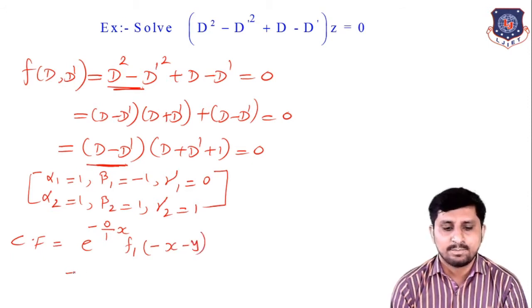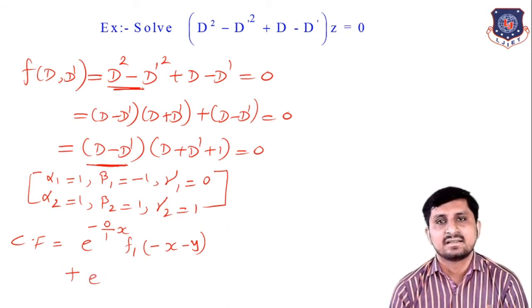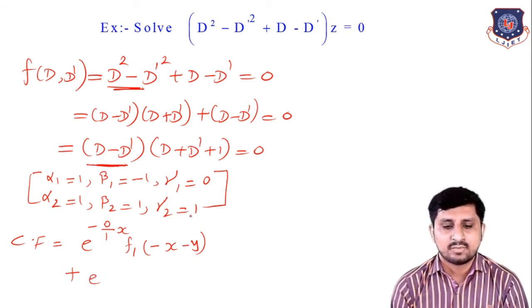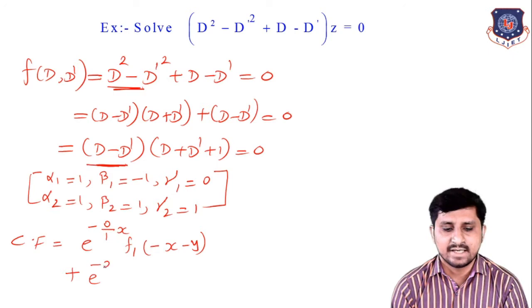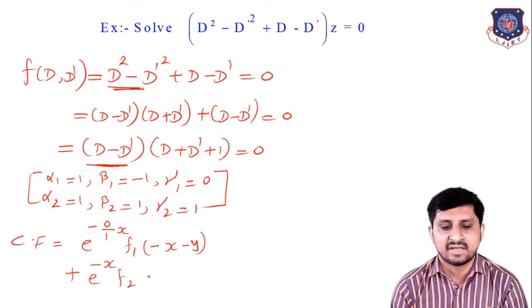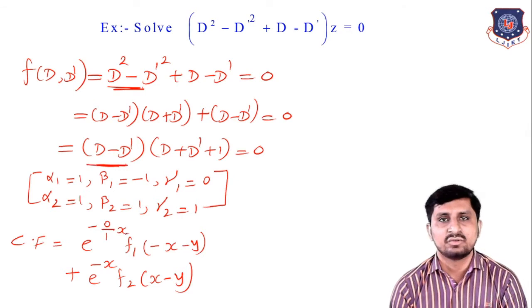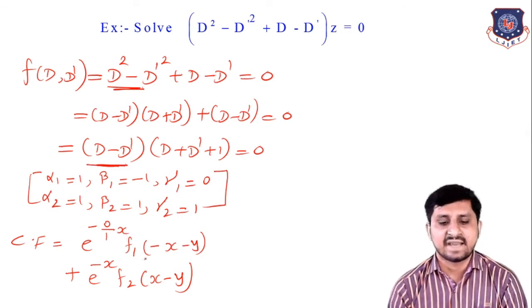And now plus e^(−γ/α x) once again, so minus 1 upon 1, so e^(−x) f2(βx − αy), so 1 into x, that is f2(x − y). Now easily you can simplify, this is e^0, which is 1. So the final answer is f1(−x − y) + e^(−x) f2(x − y).